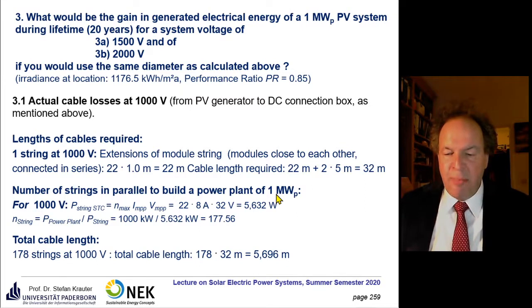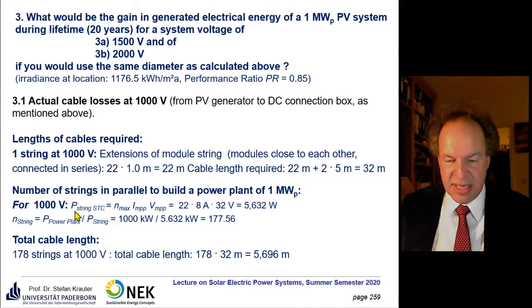While we want to have a power plant of 1 megawatt, one single string is not enough. So we have to put additional strings in parallel. How many strings are those? One string has the power of 5.632 kilowatts.